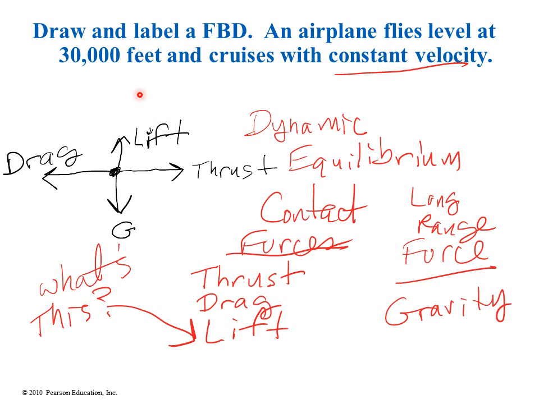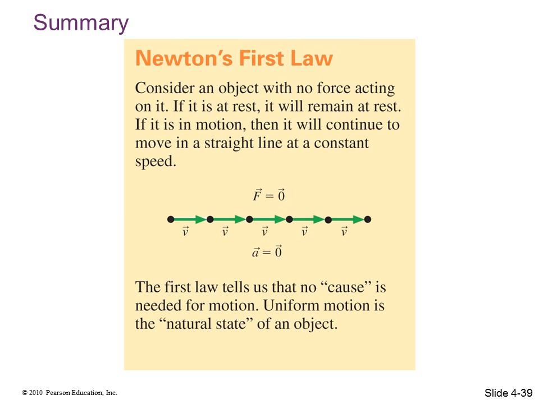And this is a subject that you would study in fluid mechanics, looking at how the air passes over what's called the airfoil of the plane. And the differences in pressure of the air help lift it. So you don't need to know that. But when you look at this, you need to be aware that lift helps hold the plane up in the air as it travels through. And you're like, okay, I think I can do that.